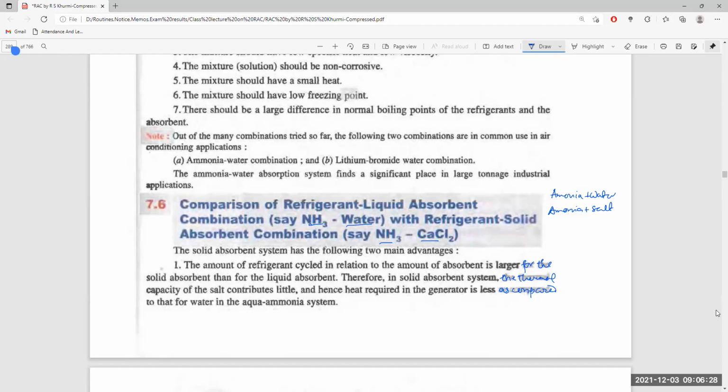It releases all the absorbed ammonia and sends it to the evaporator for cooling. So here salt doesn't decrease thermal capacity, because otherwise you would have to consume much heat, and here it will readily release them without the maximum heat requirement of the aqua ammonia system.